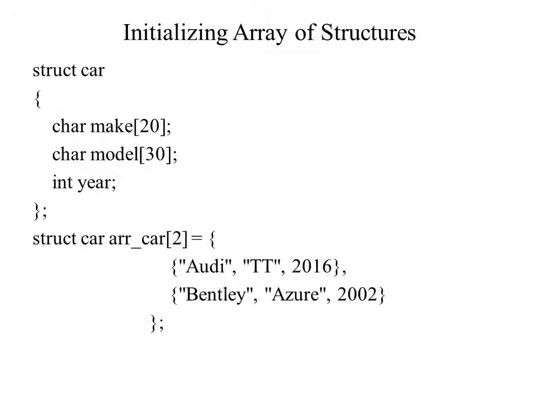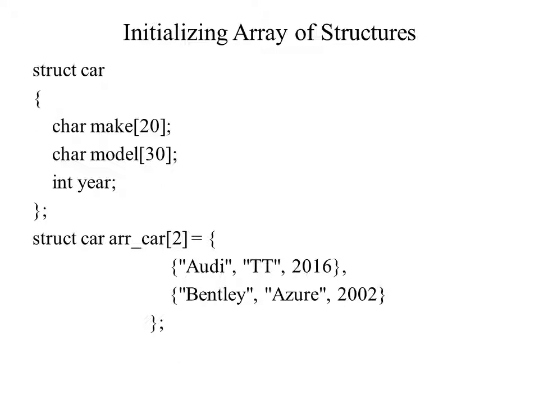At the 0th location we have three parts: make, model, year. At the first location we have three parts: make, model, year. For the 0th location we are putting the values Audi, TT, 2016, and for the first location we are putting the values Bentley, Azure and 2002. You can see the curly braces structure which is followed to assign the values.